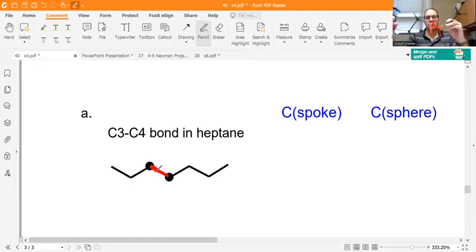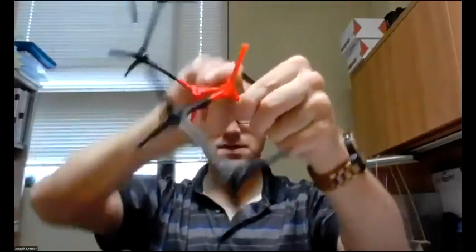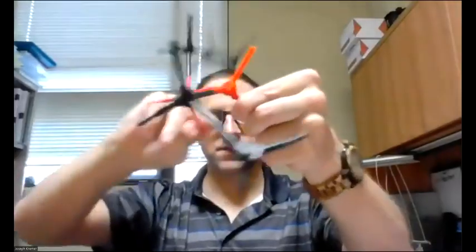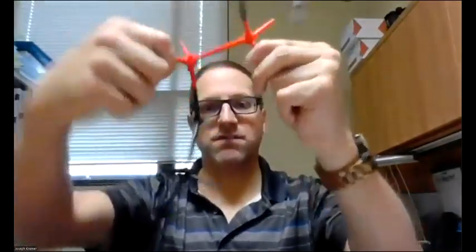Heptane already. So we're thinking about rotating this molecule along. See how I'm flexing this? Let me stop sharing perhaps. We're rotating this molecule along these red atoms because single bonds are flexible to come up with the most and least stable conformation.